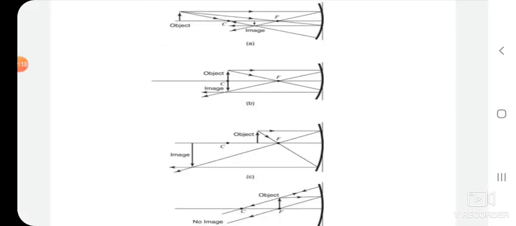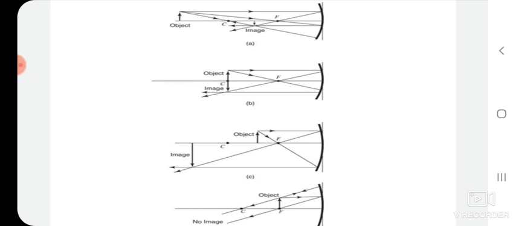After observing these 4 different ray diagrams, we notice that images are formed for the first 3 cases, but not for the last one.